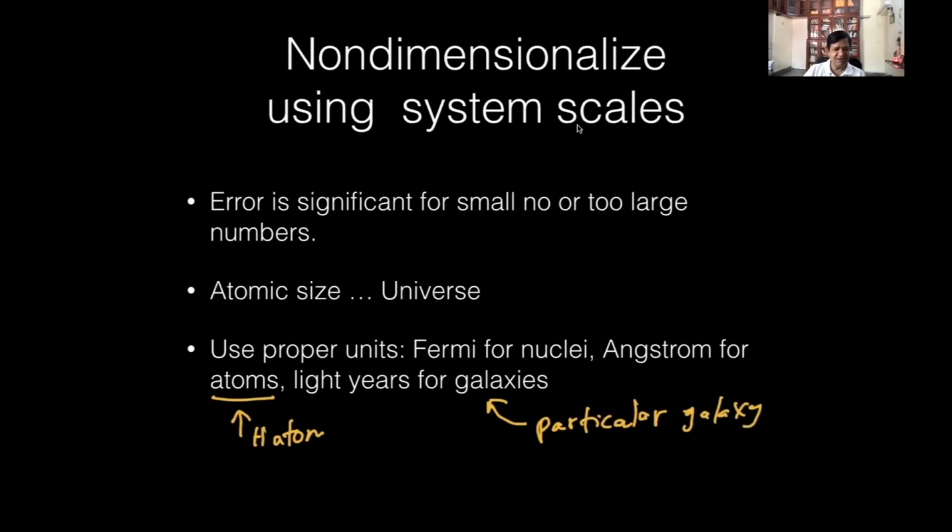It's very convenient. You'll see in the next example how it goes. So, non-dimensionalize using system scales. System time scale, system length scale, we'll use that, and non-dimensionalize. So in the new equation, we will not have small length scales or large length scales. All will be order 1.